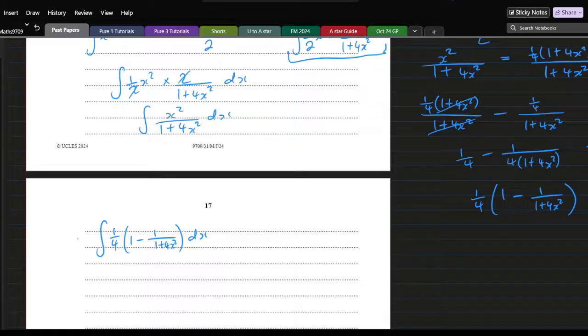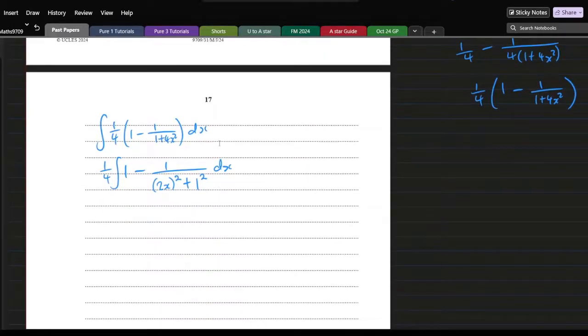Let's take the quarter outside the integral sign. So that's a quarter, 1 minus 1 over. This can be written as, I'll start with the 4x squared part, but I'll write it as 2x squared, and this is plus 1 squared, and this is with respect to x. I'll explain why I've done that in just a bit.